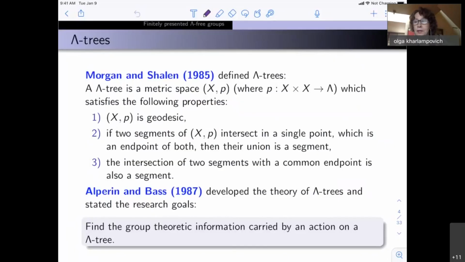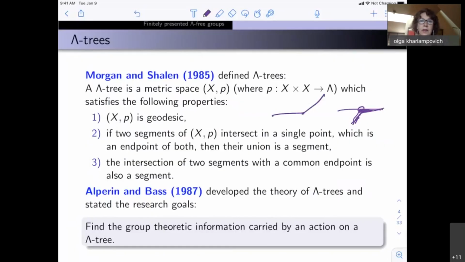If two segments intersect in a single point, which is an endpoint of both, then their union is a segment. And the intersection of two segments with a common endpoint is also a segment. So there are tree-like properties.